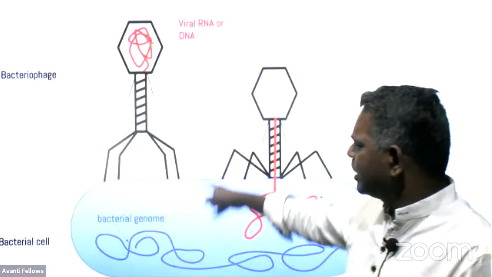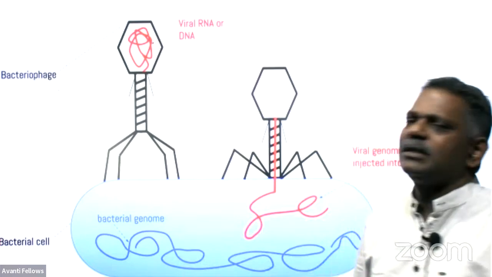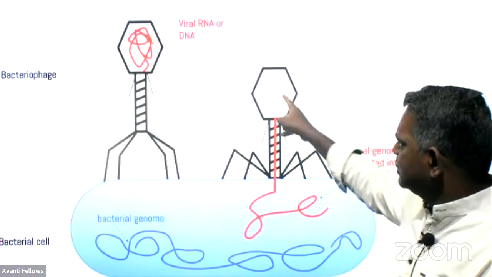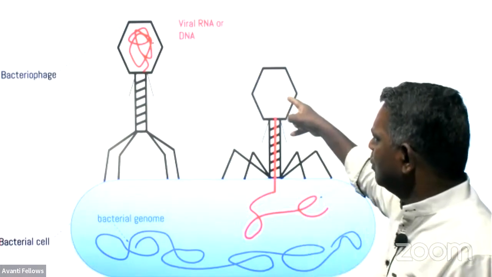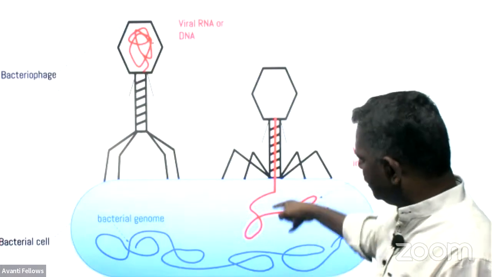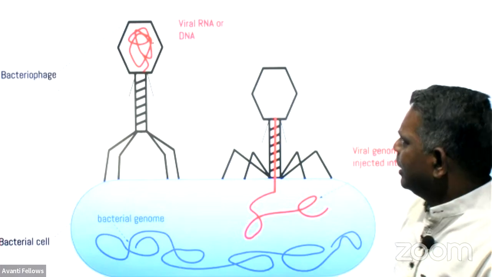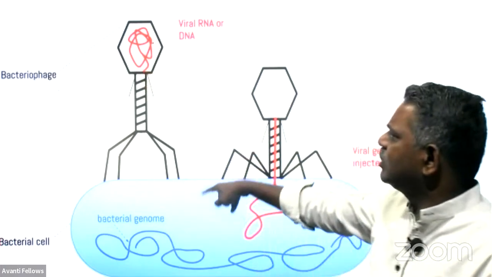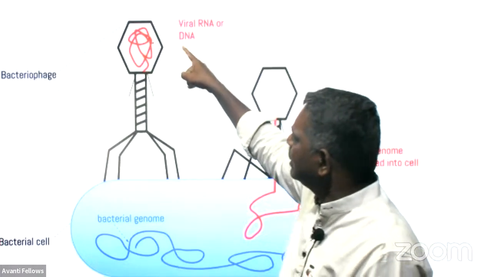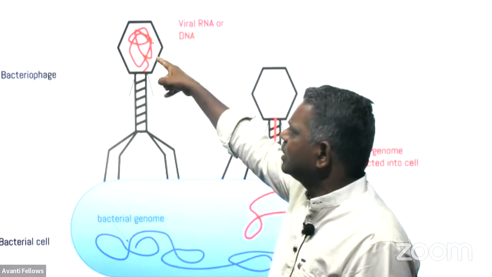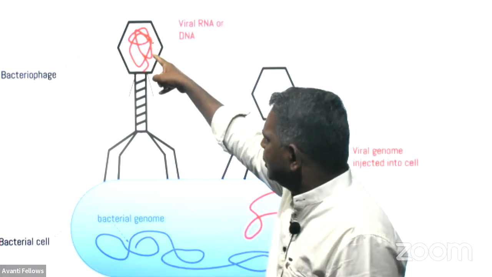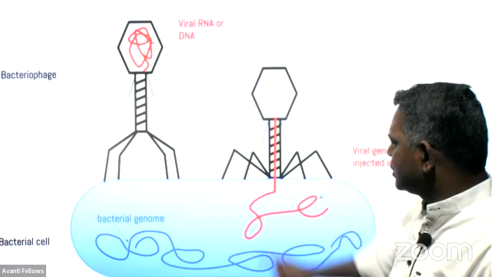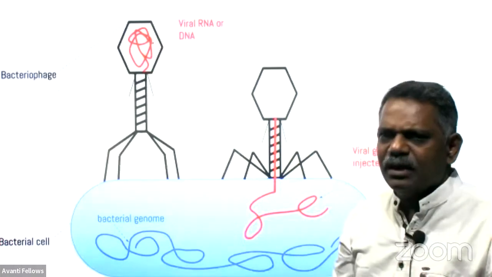See how this bacteriophage is infecting a bacteria. This is the bacteria, and this is the bacteriophage. The bacteriophage infects the bacteria with its viral DNA. In the case of the bacteriophage, the virus has double stranded DNA only, and it sends the DNA content directly to the cytoplasm of the bacteria.